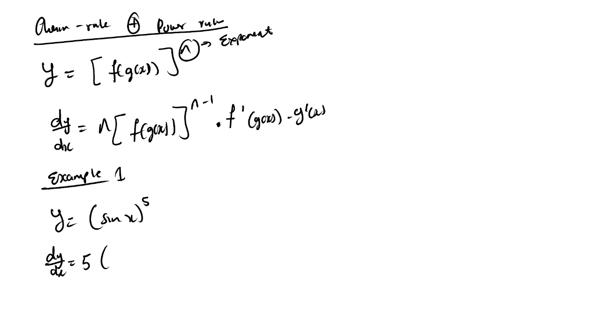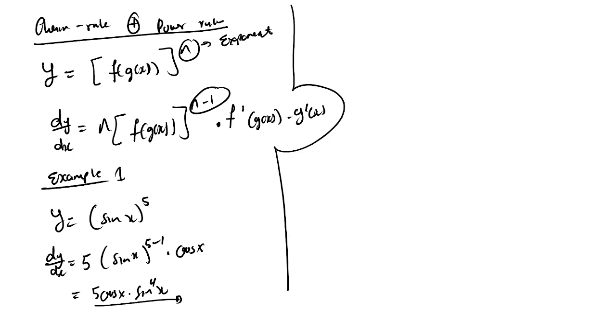You keep the inside function, sine of x, which is raised to the exponent 5 minus 1. Remember, from the exponent you subtract 1, and multiply by the derivative of the inside function. The sine is going to become cos of x, which gives us 5 cos x multiplied by sine of x raised to the exponent 4. And this is the final answer.